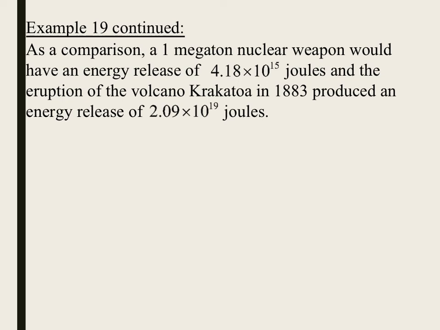So in some sense, for the volcanic eruption, we can actually try to figure out what the magnitude would be in terms of an earthquake magnitude. So if we looked at 4.18 times 10 to the 15th, we took the log of that.